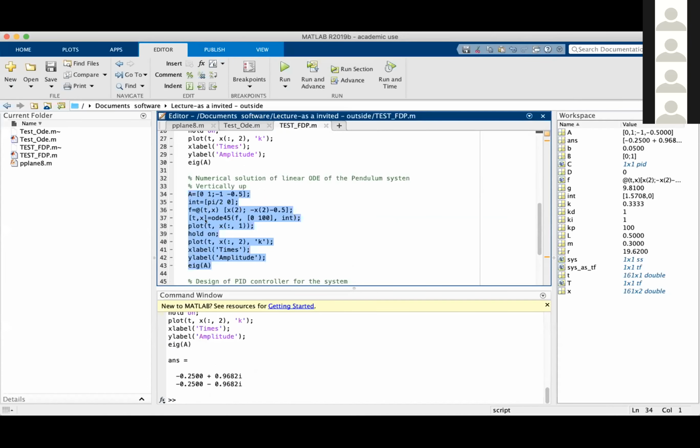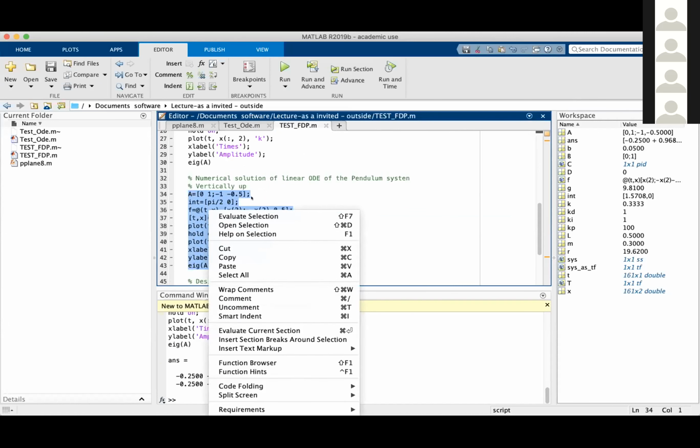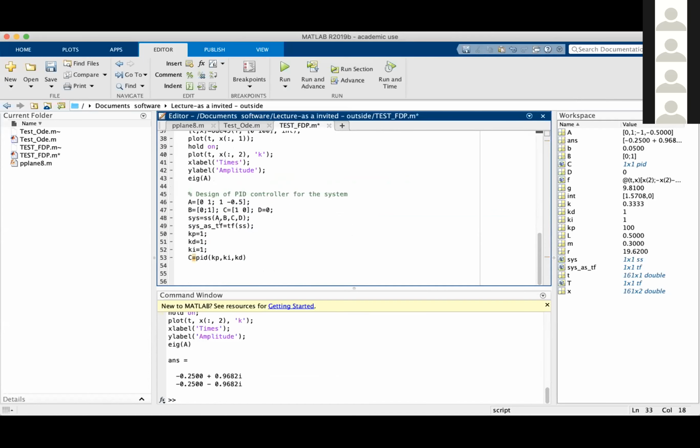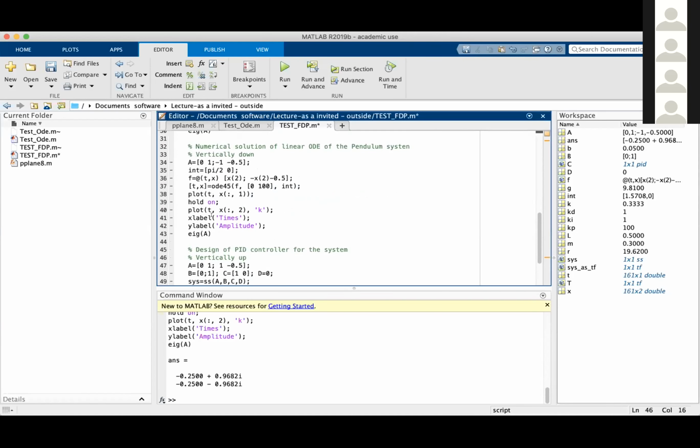This should not be vertically up, this is vertically down actually. This is right. And this is the case vertically up.